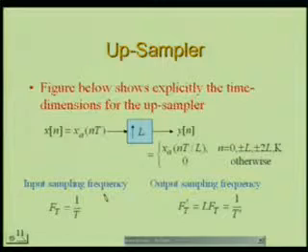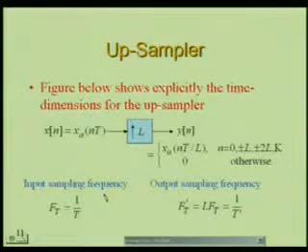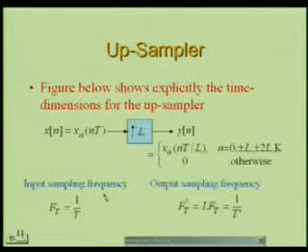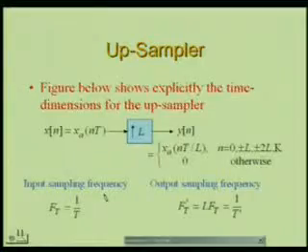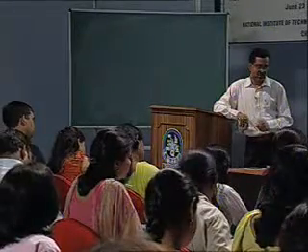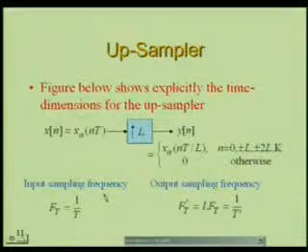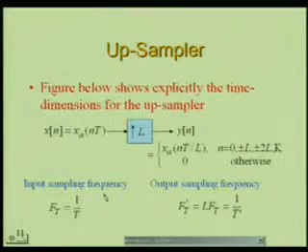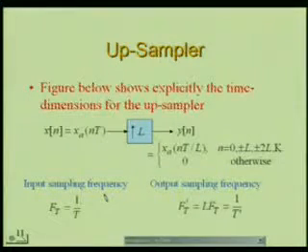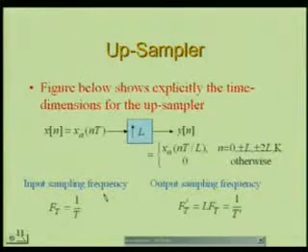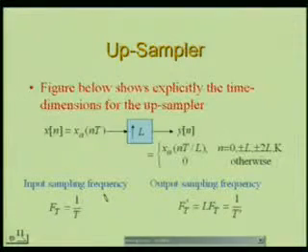Let x n be the input to the upsampler. The upsampling factor is capital L here. Let y n be the output sequence. This output sequence can be explicitly written using the time dimensions as x a n T divided by L, where n is equal to 0, plus minus L, plus minus 2 L, and 0 otherwise.